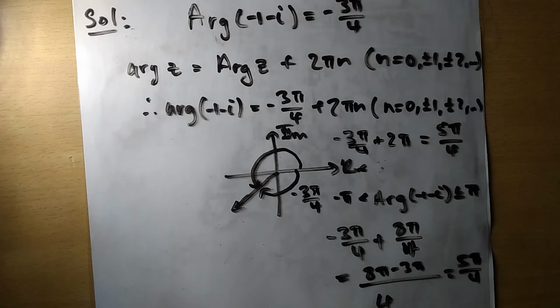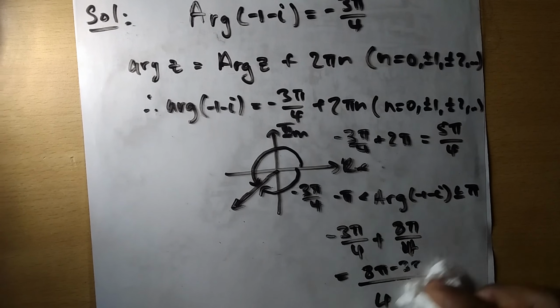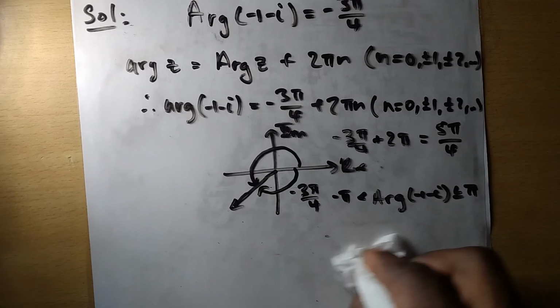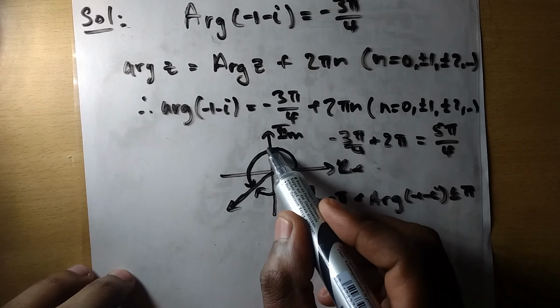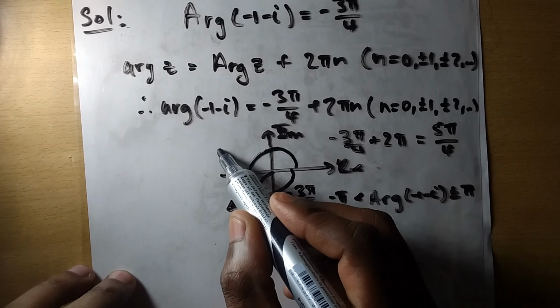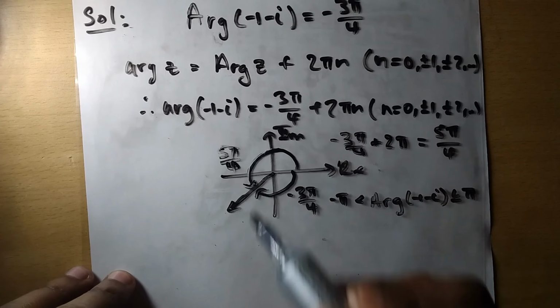Now this angle 5 pi over 4 is just the coterminal angle that I was talking to you about. This 5 pi over 4 is the angle that is going to form here. This angle is going to be equal to 5 pi over 4.